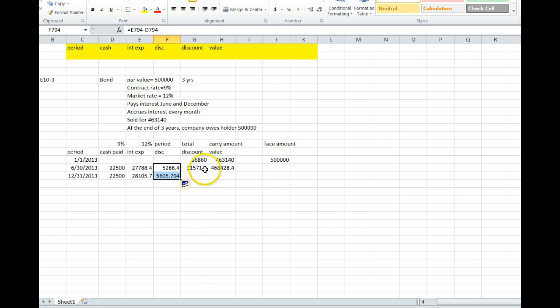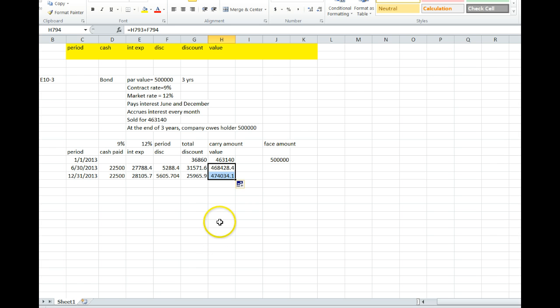Our difference between the cash paid and the interest accrued is $5,605. Our total discount on our books is our old 31,000 less the 5,605, or $25,966. Our new carrying amount has that added to it, $474,500.